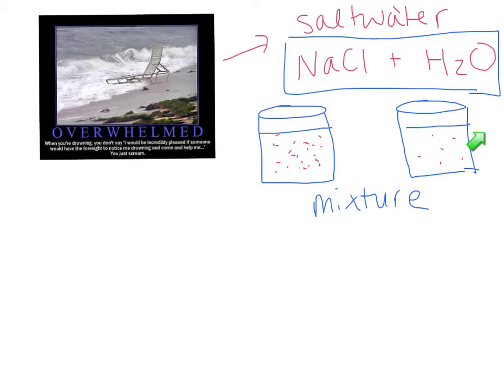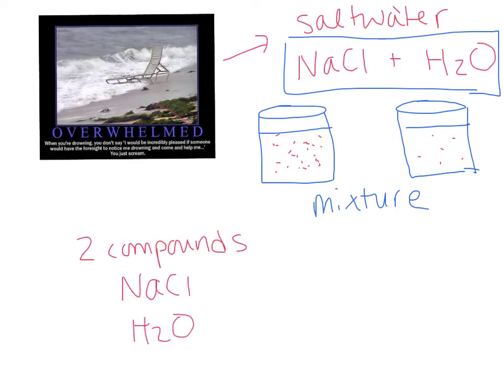But the mixture is made up of two compounds. Okay? The two compounds are the NaCl and the H2O. The reason that they're compounds, which is a pure substance, remember, is because no matter where I get these compounds from, whether it's Africa, Europe, the United States, wherever you get NaCl from, it's always going to be NaCl.